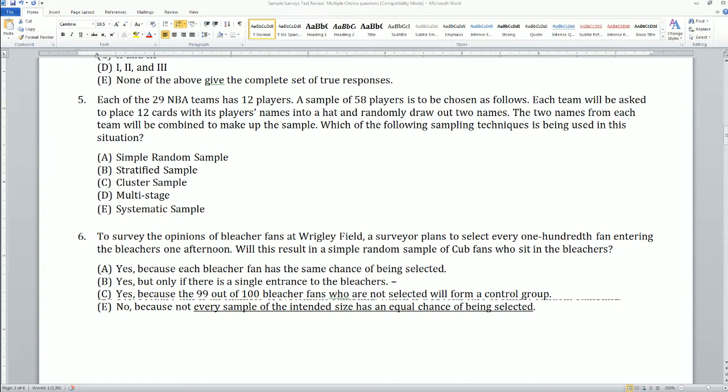Which of the following sampling techniques is being used in this situation? Alright, stop. The best way to answer this sort of scenario is to actually draw it out. Never try to do it in your head. Make circles, do anything that gives you a better visualization to answer the question. Alright, go ahead.